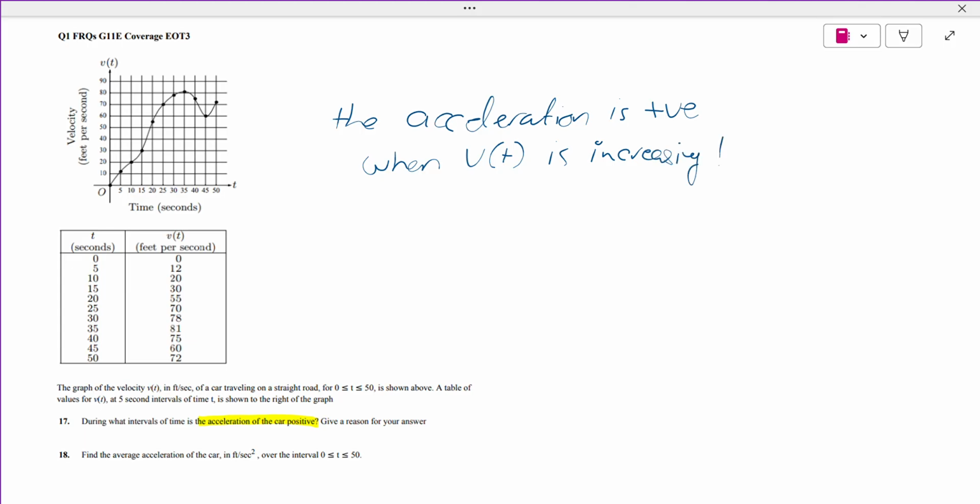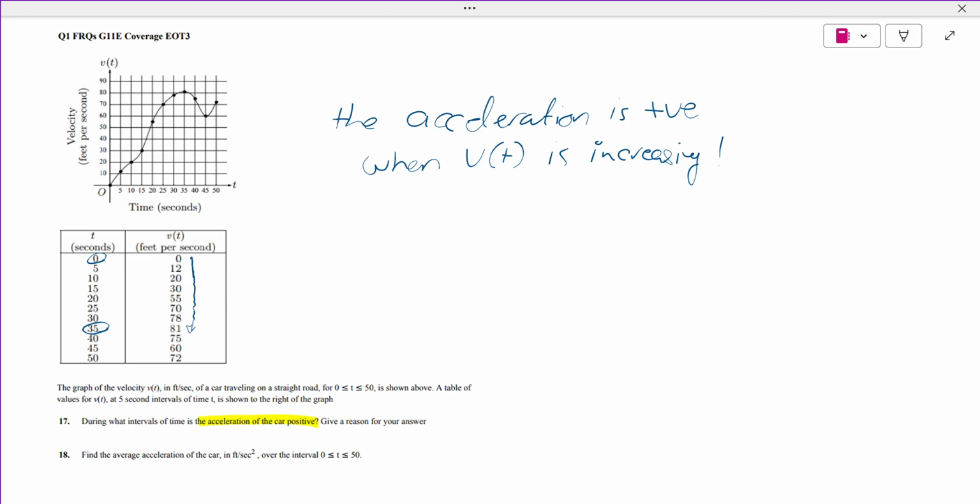The acceleration is going to be positive, okay? This is when the velocity is increasing. Well, the velocity here, it's increasing 0, 12, then 20, 30, 55, up to what? Up to 81. So this one goes from 0 to 35.